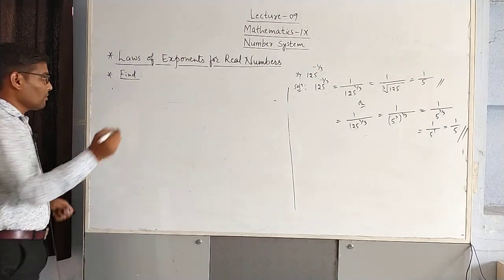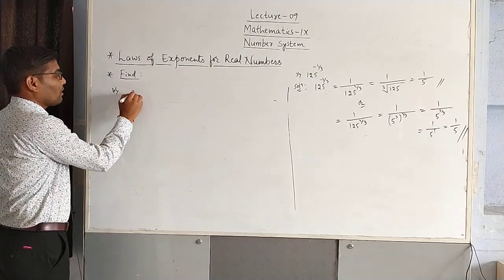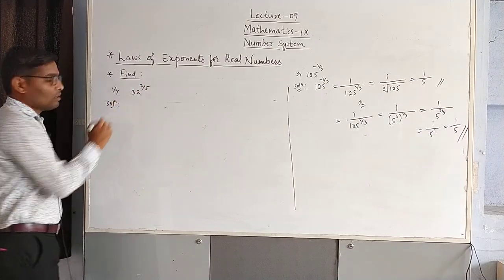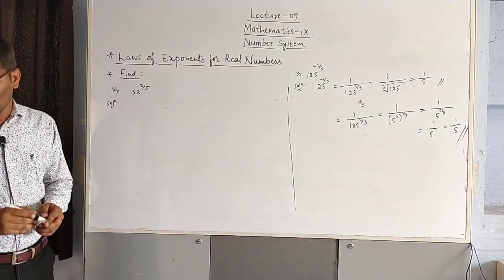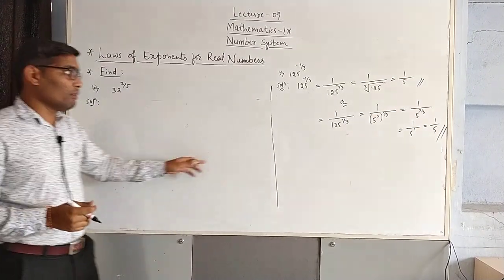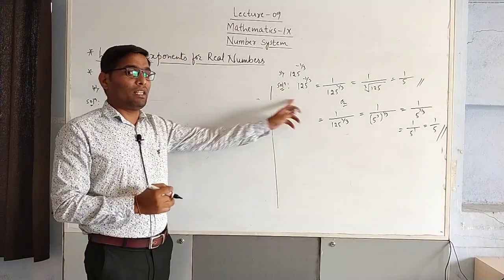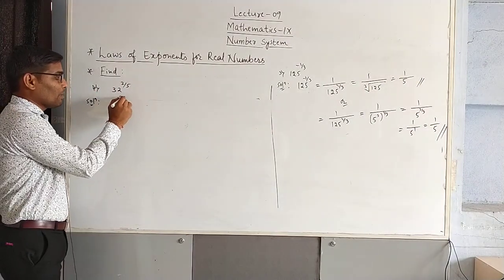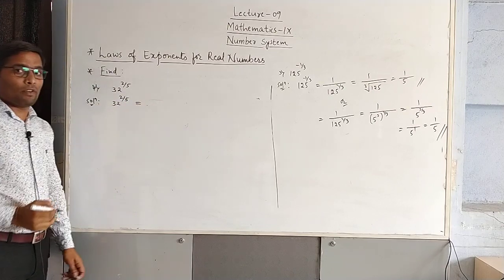The next problem is 32 to the power 2 by 5. Now here we will use a formula, that is the fourth note I have written, that we are going to use over here. First write the given problem as it is, 32 to the power 2 by 5.